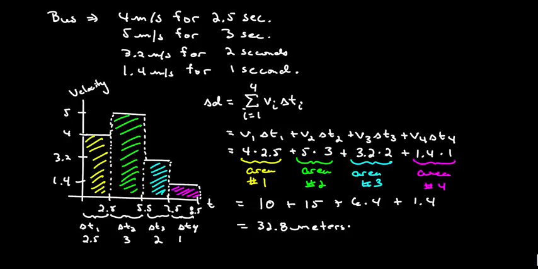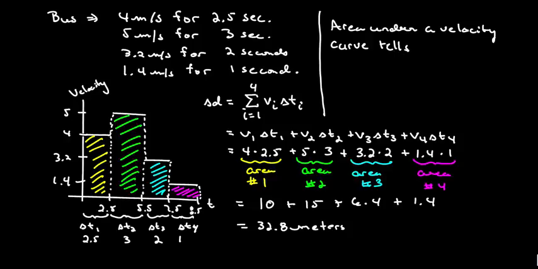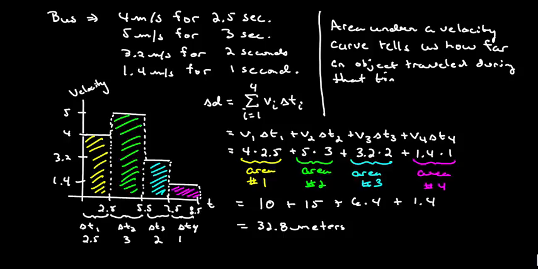So big picture, and this is important, the area under a velocity curve tells us how far an object traveled during that time.